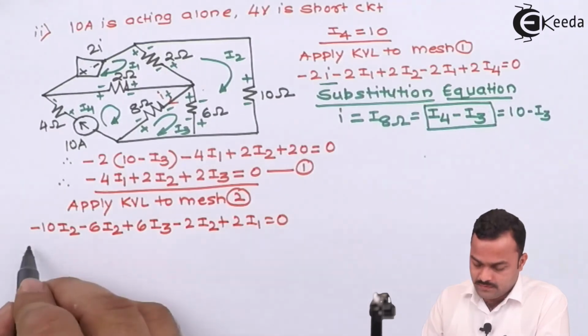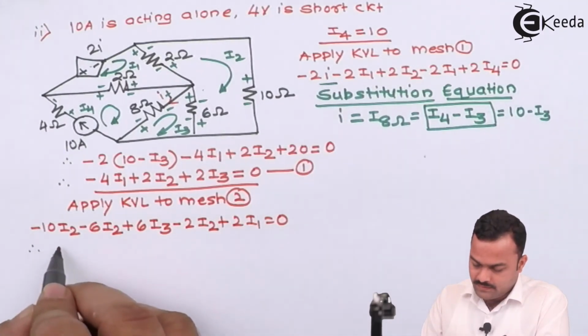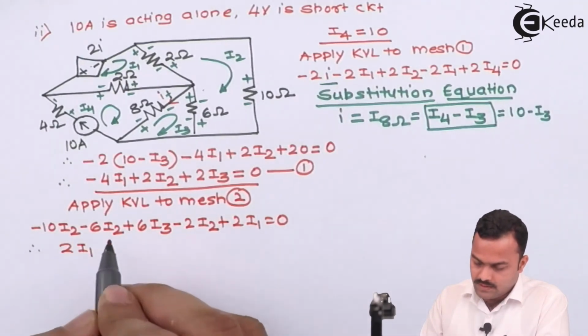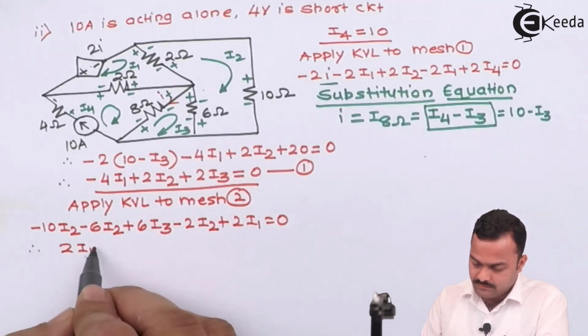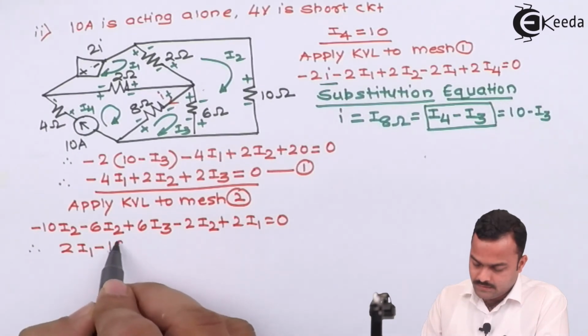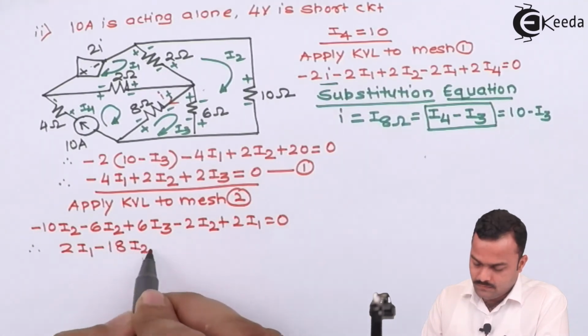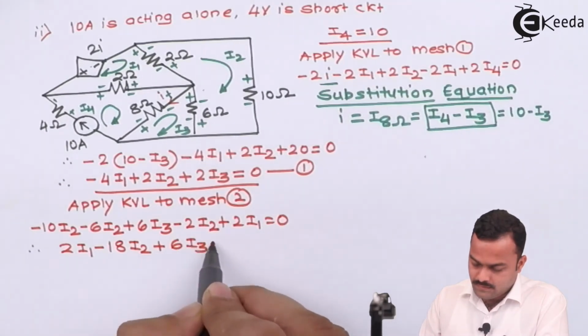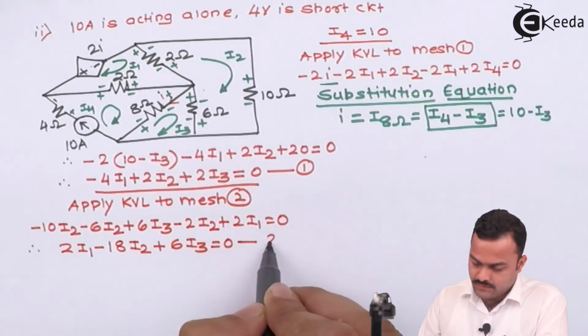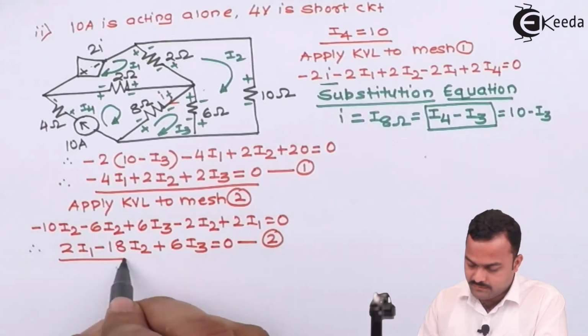So very straightforward. I will write first I1 terms, which is 2I1. I2 terms are minus 10 minus 6 minus 2, which are nothing but minus 18I2, and I3 terms is plus 6I3 equal to 0 as equation number 2. A very straightforward equation you will get.